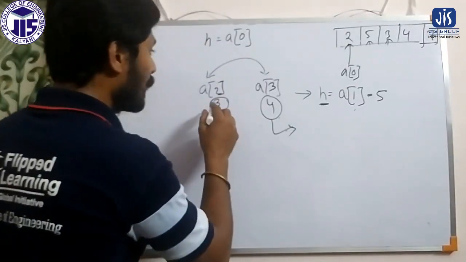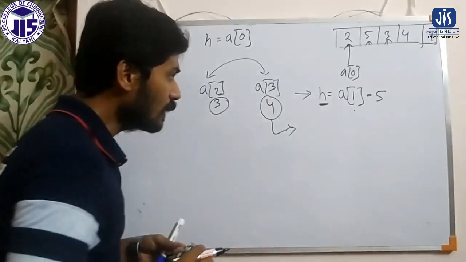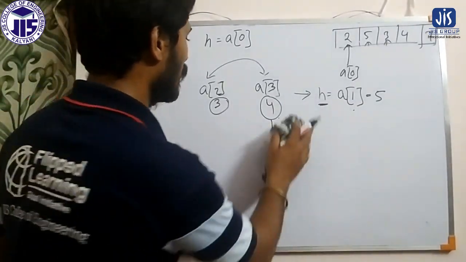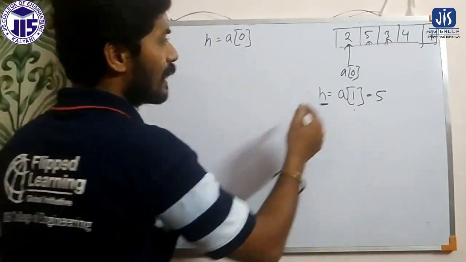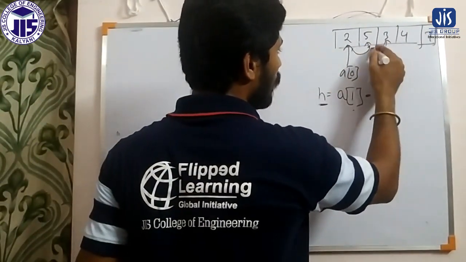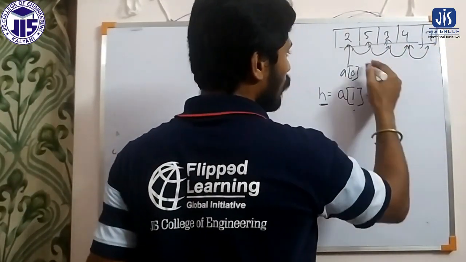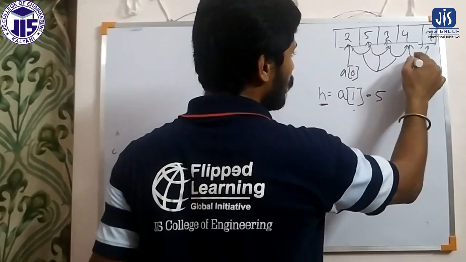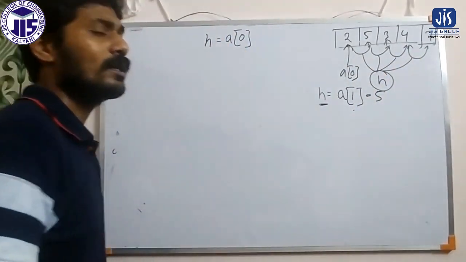Then we will compare A4 and A5. In that way we will continue. If you look at this situation, every time we compare A0 and A1, then A1 and A2, then A2 and A3. From every comparison, h will always hold the highest element.